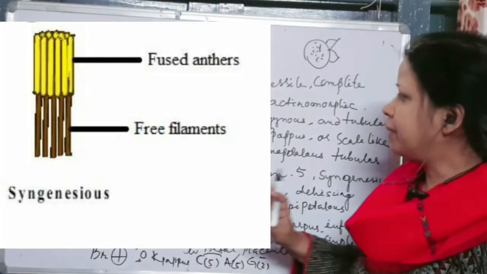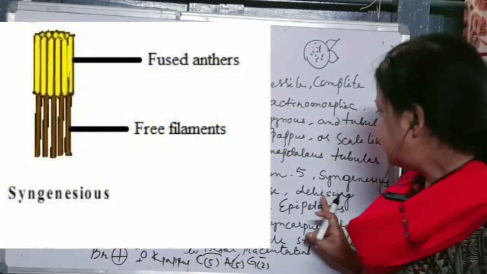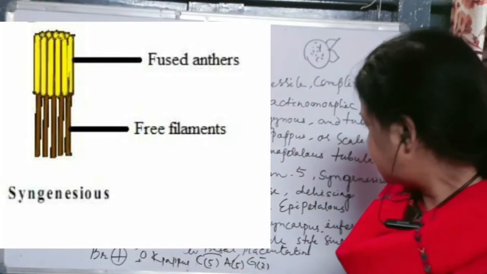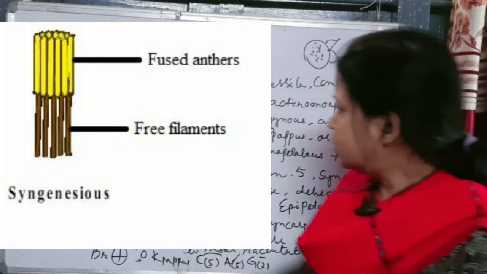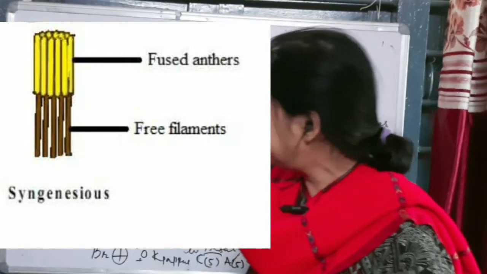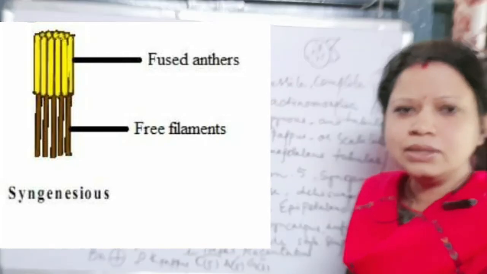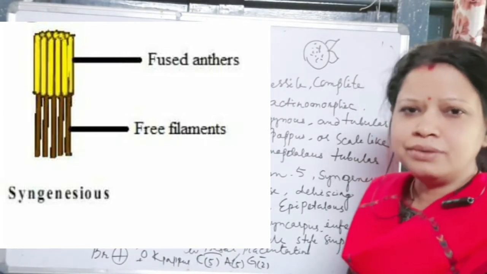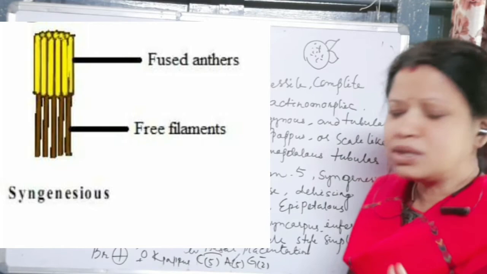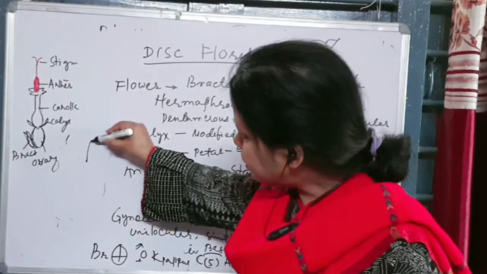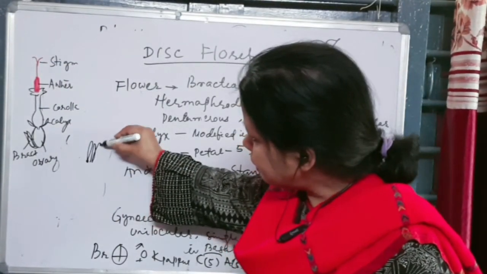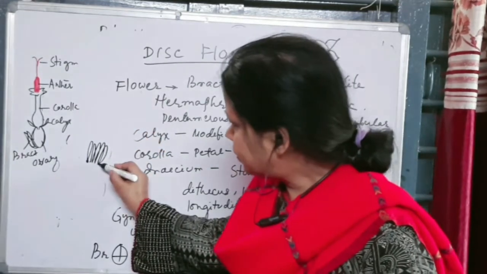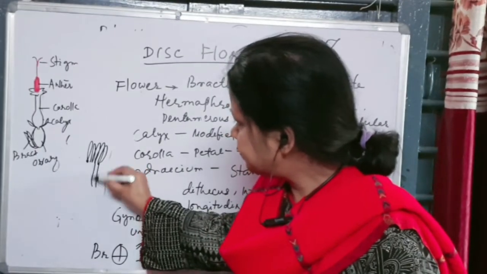Number of stamens 5, and the 5 stamens are in syngenesious condition. The anthers are fused, the filaments free. Syngenesious means if the stamens are 5, the filaments are free while the 5 anthers fuse together. So this is the anther, 5 anthers fuse together and the filaments are free.